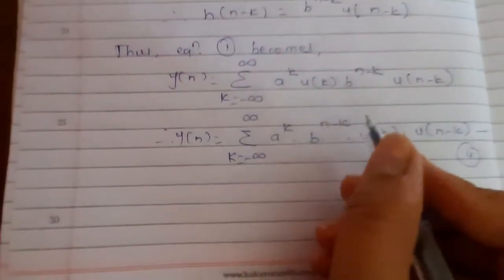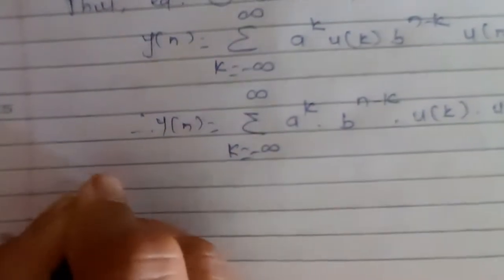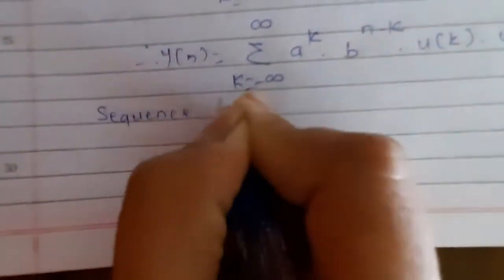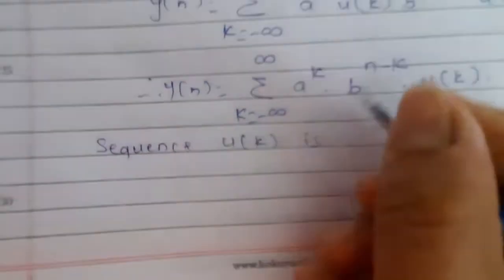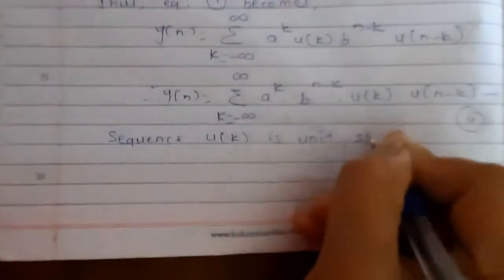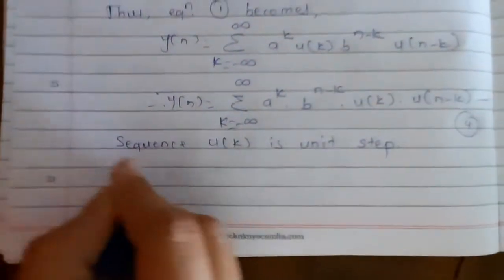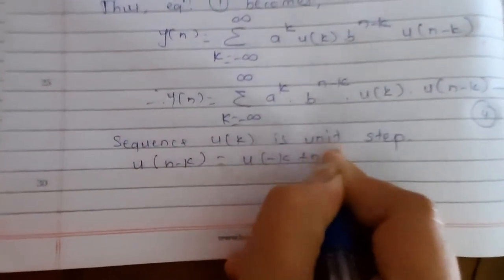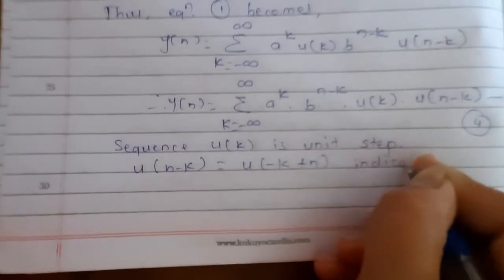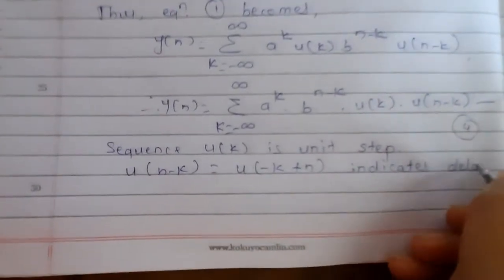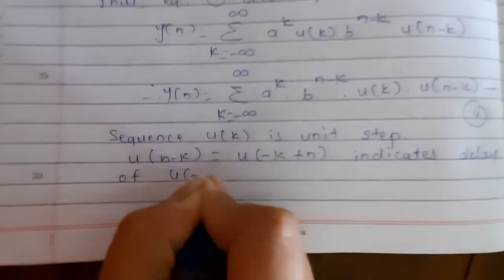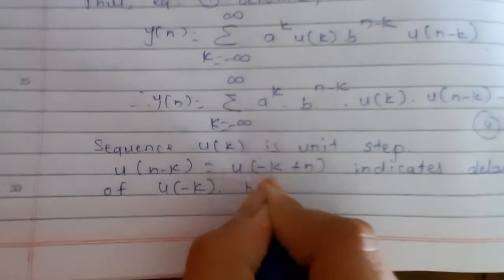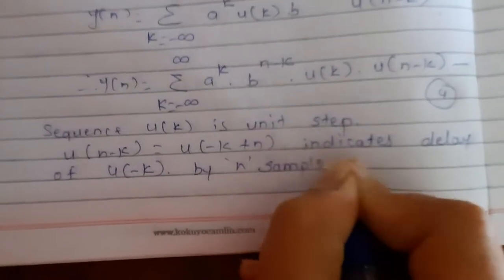Now the sequence u of k is a unit step. So while u of n minus k is equal to u of minus k plus n, it indicates delay of u of minus k by n samples.